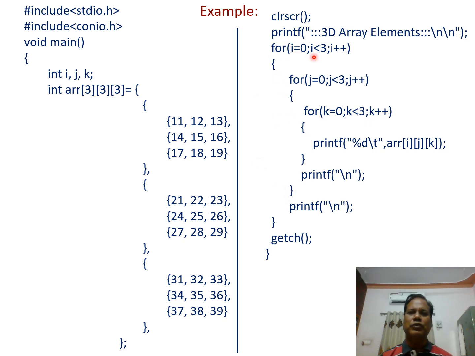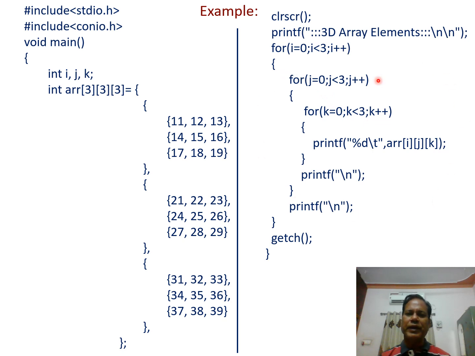So for i equal to 0, initially the condition is true, three 2D arrays are there, so the body of the outer for loop is executed, and as we discussed previously, using nesting of two for loops, we print all the values of the 2D array. I am not going to discuss this further; we can refer to the previous lecture video.